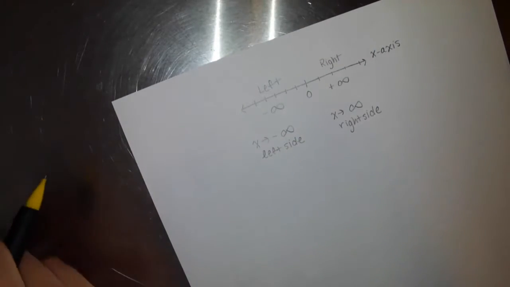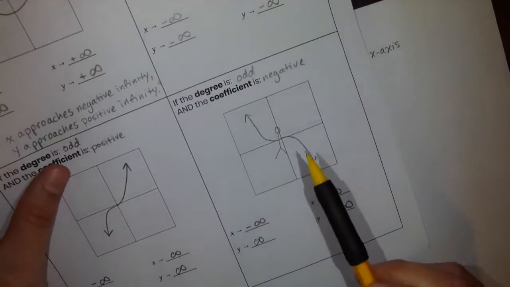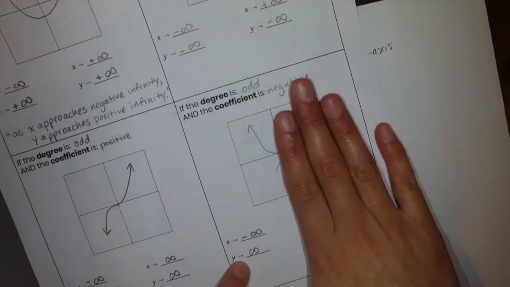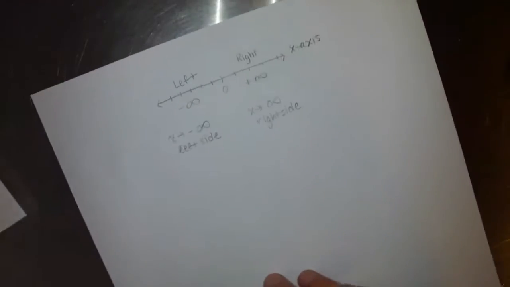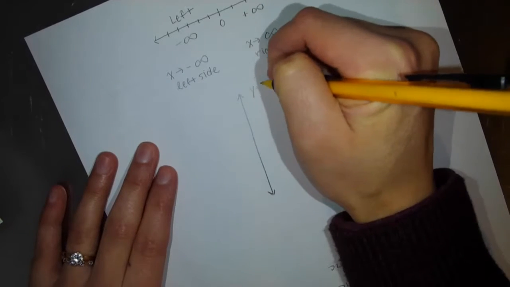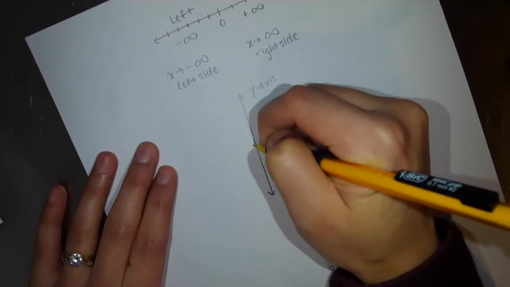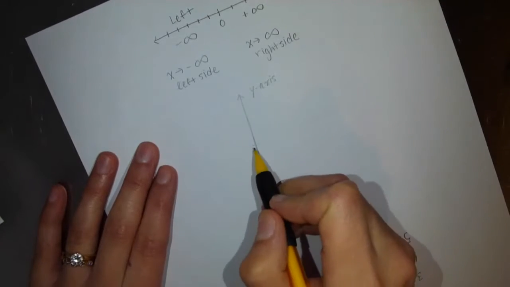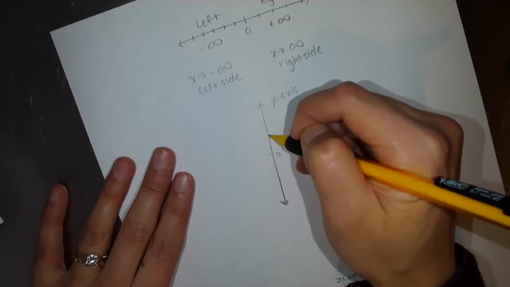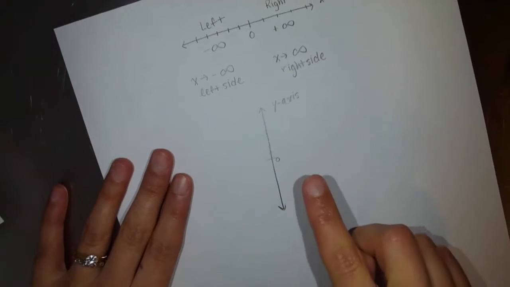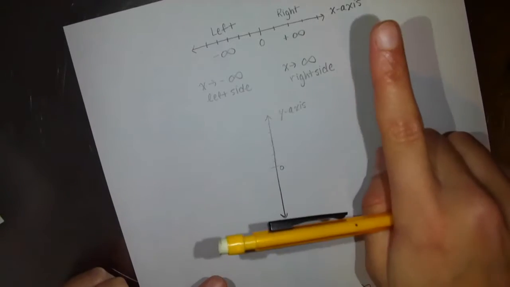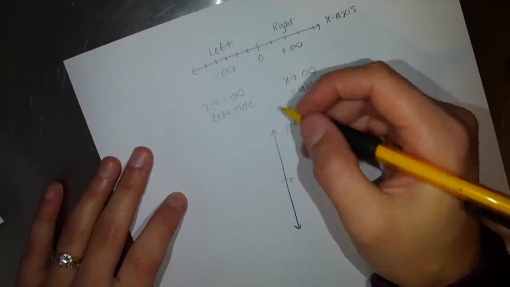For this example, when we look to the left, as x approaches negative infinity, what does y approach? Thinking about our y-axis, we have 0, where our x-axis goes through our y-axis. As we go up above 0, our numbers are positive, which is why if something has an arrow pointing upwards, we say it's approaching positive infinity.